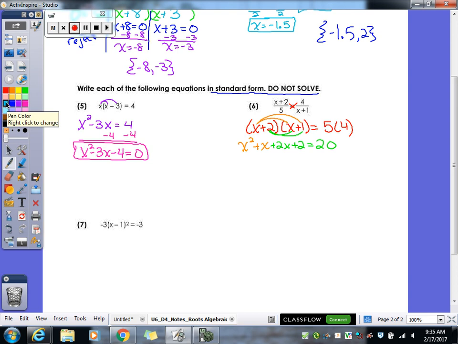Well, let's combine our like terms first. So I get x squared plus 3x plus 2 equals 20. Now we'll subtract our 20 over.